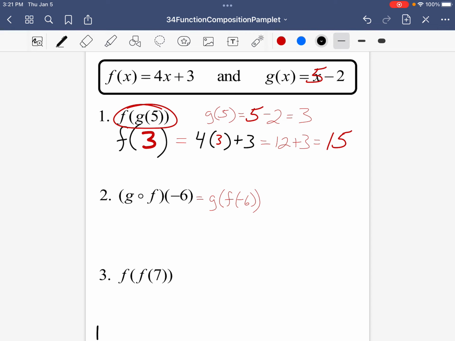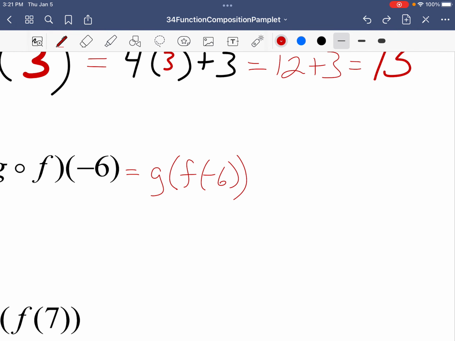f is this equation. Oops, I'm going to need a little more space. f is this equation where we have 4 times whatever it is we're plugging in plus 3.